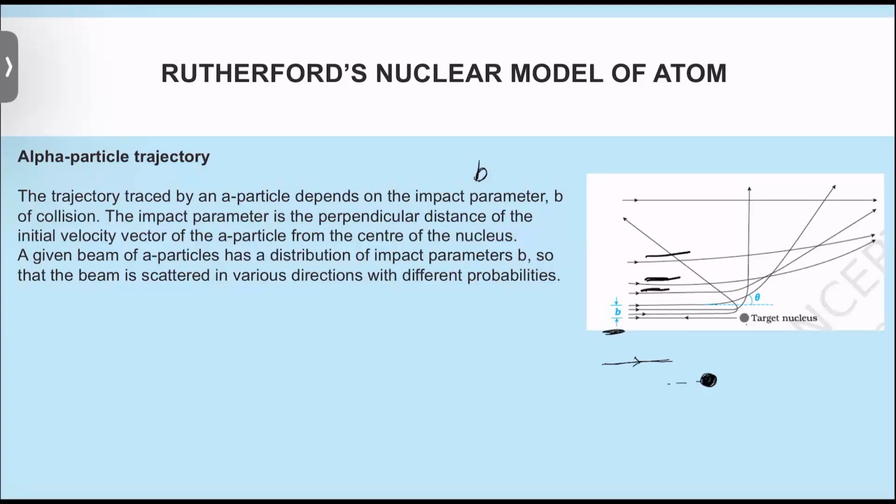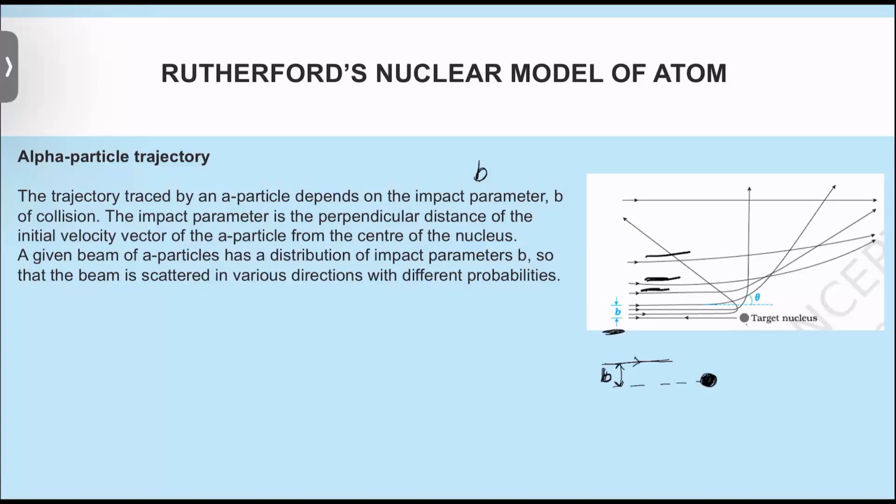If you draw a perpendicular line from the center, the perpendicular distance between the initial velocity vector and the center of the nucleus is b. So b changes as per the velocity vector of the alpha particles.